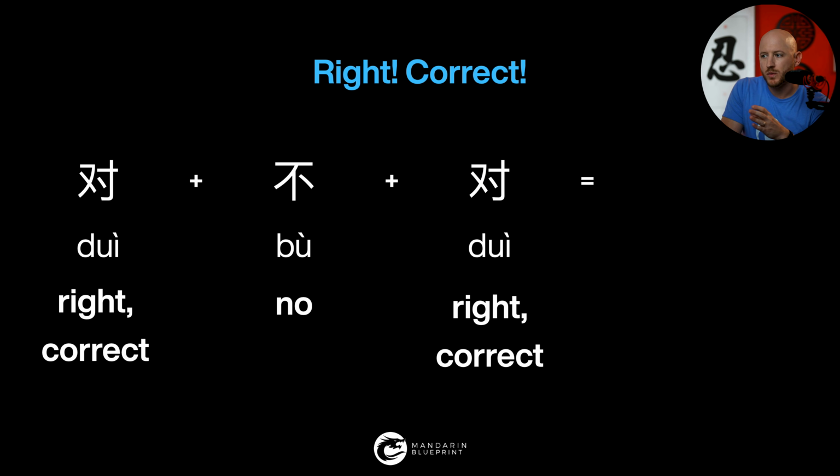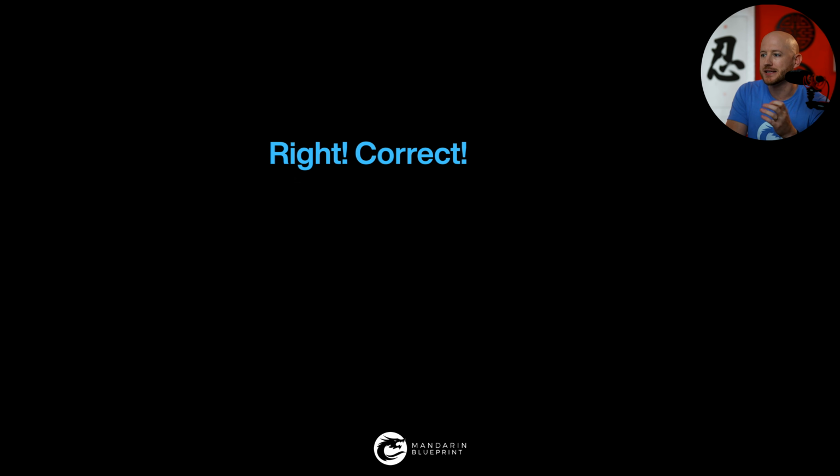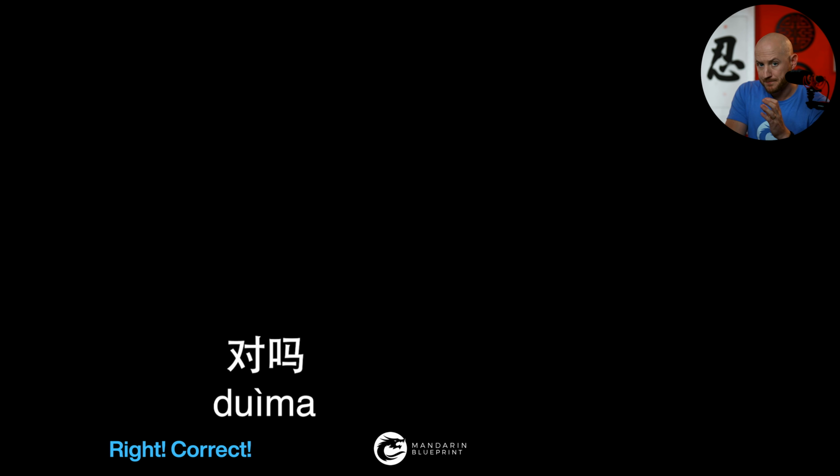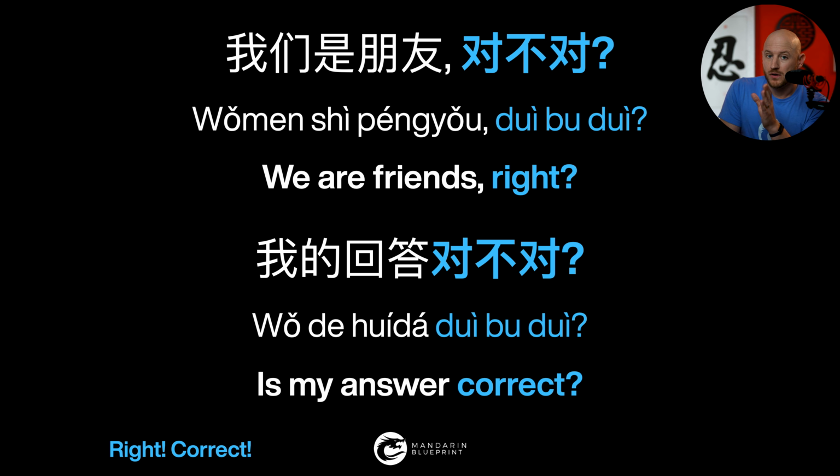Now, what about this? 对不对? Well, really, if you say 对不对, this is the same as 对吗. 我们是朋友,对不对? We are friends, right? You know, you're saying, is that right or not? Maybe you're in an early part of the friendship and you're asking that. Or, 我的回答对不对? Is my answer correct? This is the same sentence as before, but instead of ending with 对吗, we're ending with 对不对.